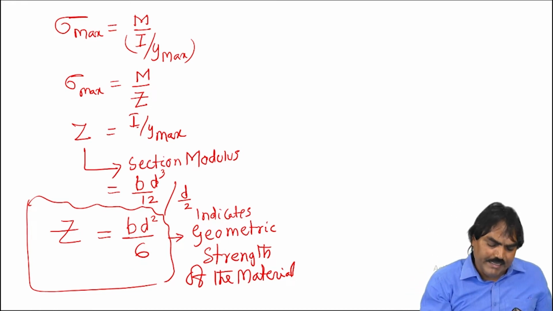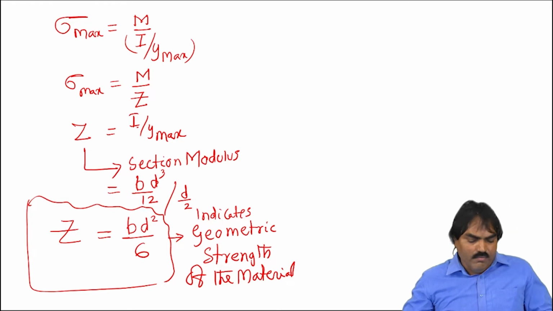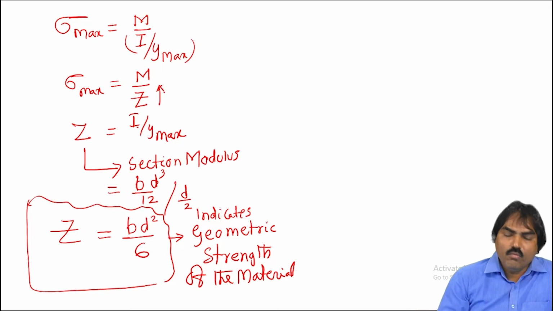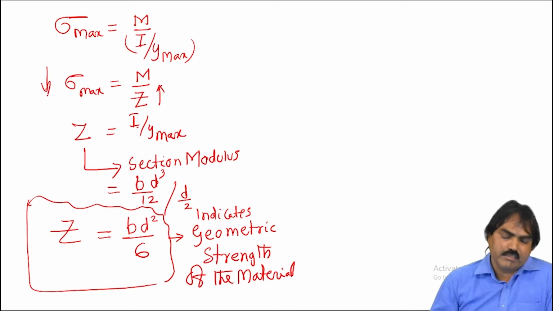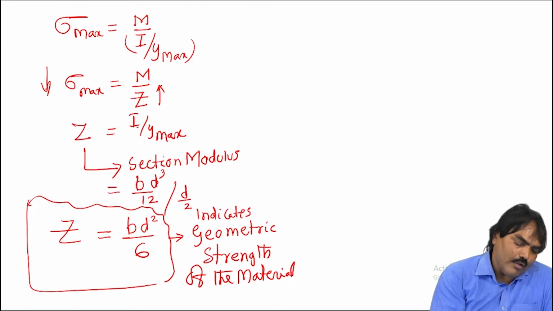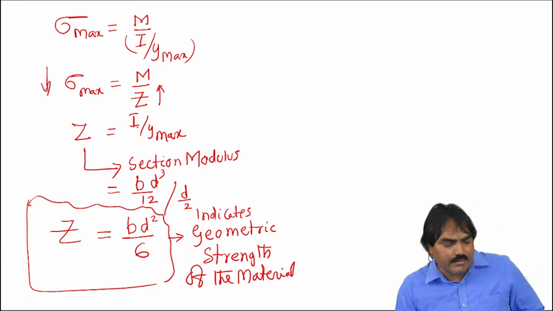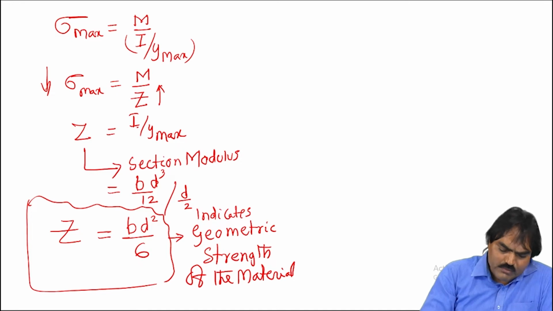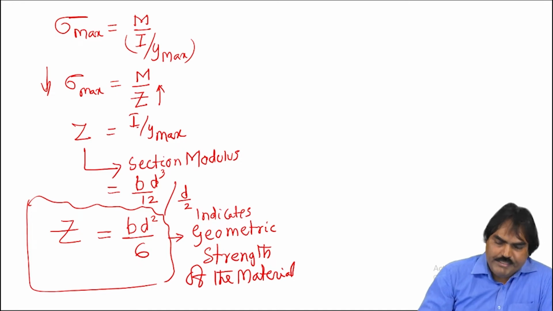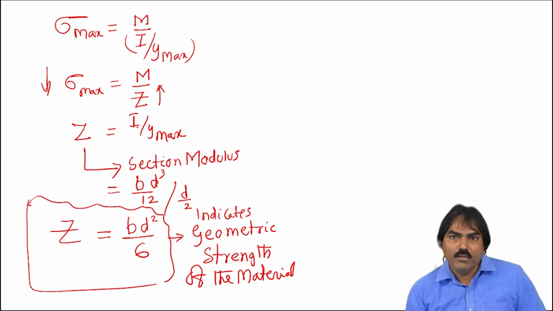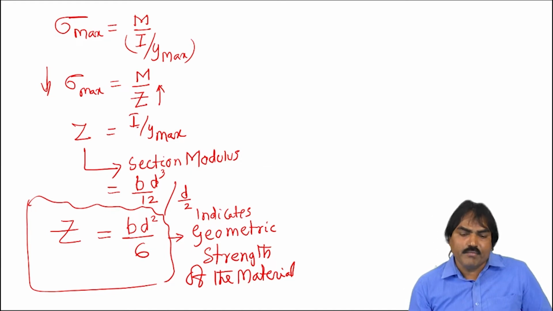So if you increase D and decrease B, the section modulus will increase. When the section modulus increases, the bending stress will decrease. That means the material is stressed at a lower level, so the life will be higher, or it can carry more load. That's why the section modulus indicates the geometric strength of the material. Just by changing the orientation of the geometry, we can increase the strength of the material.